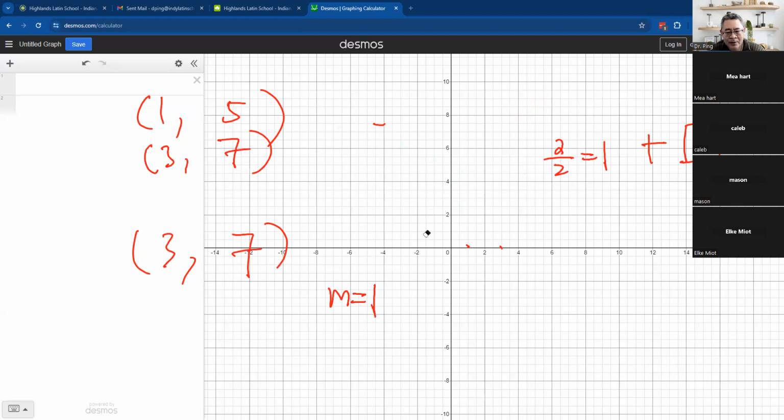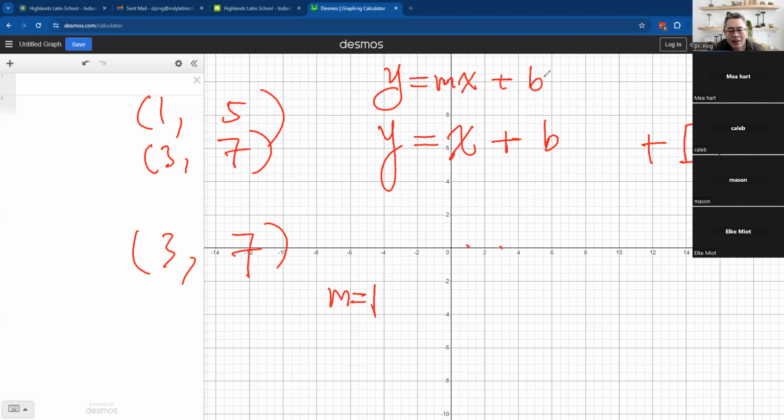So how do we find the y-intercept? Well, we know our function is y equals mx plus b, because that's our form. So now we can either plug in this point or plug in that point, because both of them are on the line.